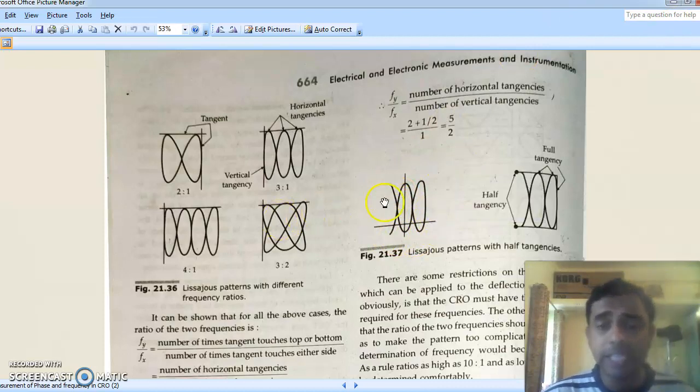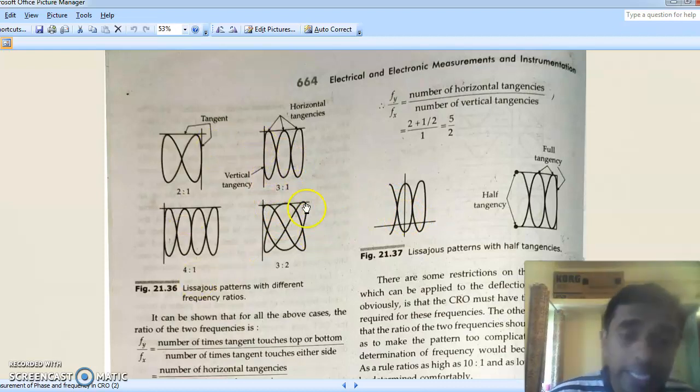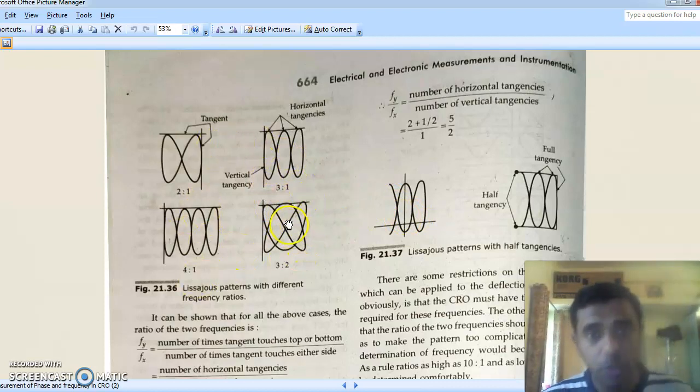You can see that there is a difference between this Lissajous pattern and the earlier ones. All those Lissajous patterns are closed, all the lobes are closed, but here the Lissajous pattern is open because one end is open. Such a pattern is called an open-ended Lissajous pattern. So here we introduce a case called half tangencies. This is the display we get on the CRO.